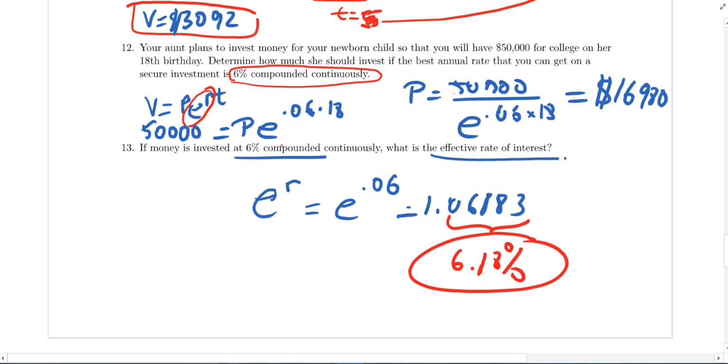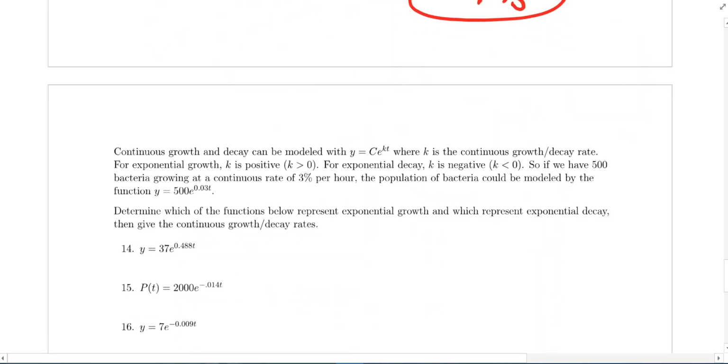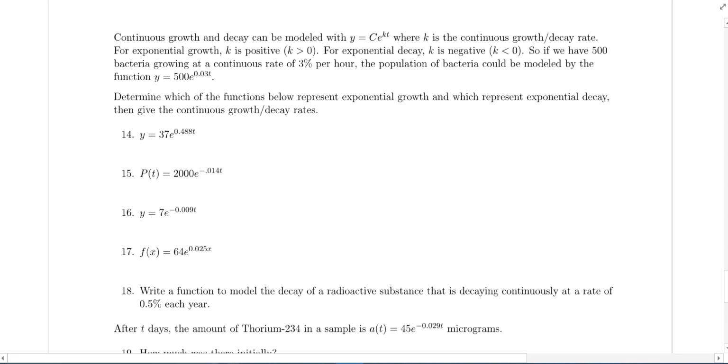Alright, so every time you have a problem that says continuous interest, continuously compounded, you use this formula, V equals P times e to the RT. It's not only money that can grow continuously, other quantities can also grow continuously. And since these quantities don't represent principal and V, we're going to call them something different.